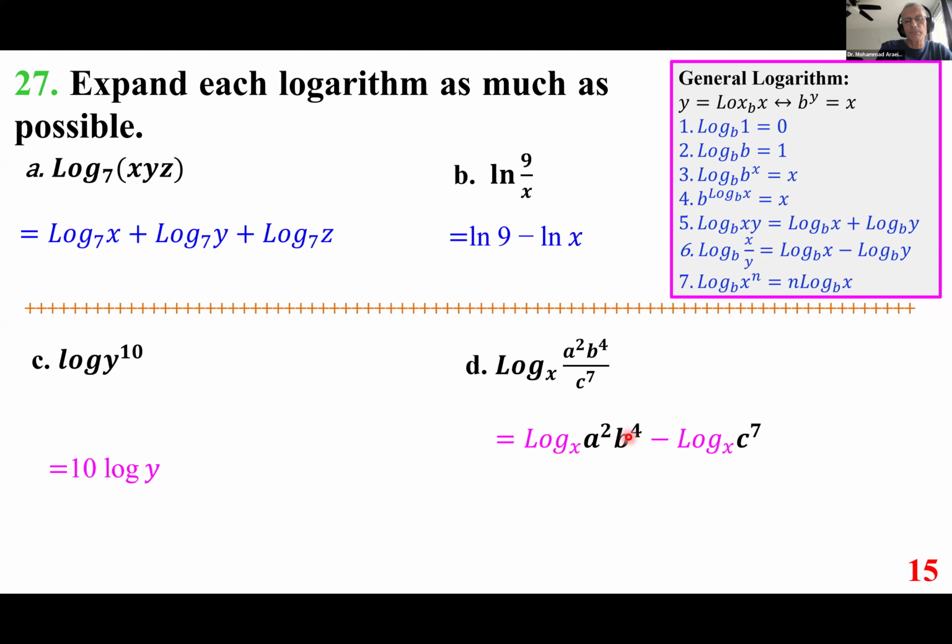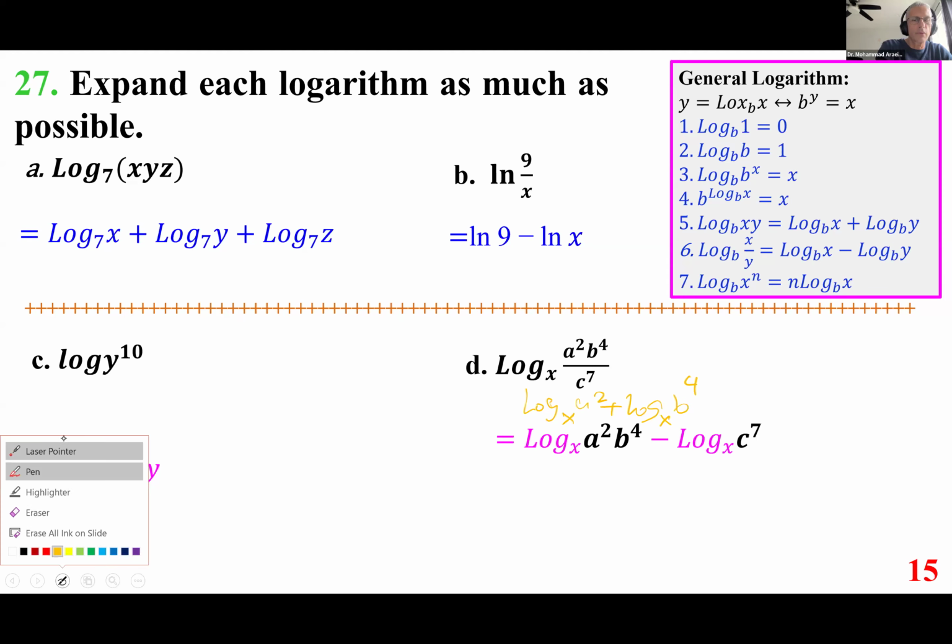This one, we rewrite it as log base x of a squared plus log base x of b to the power of 4.